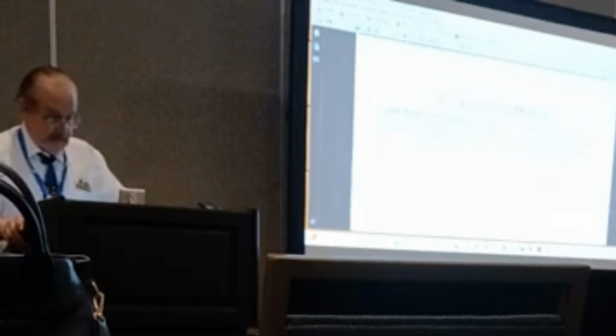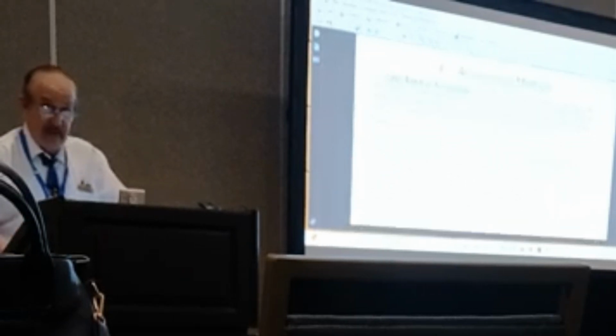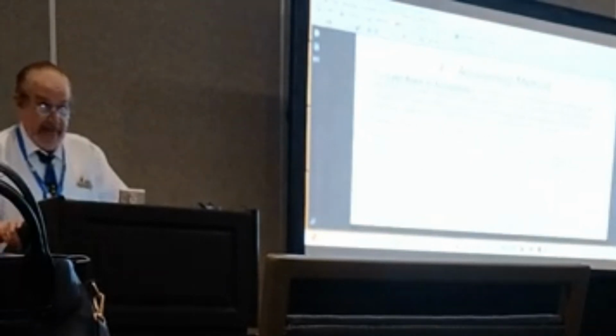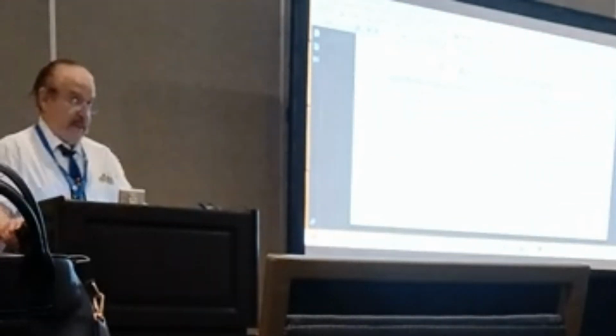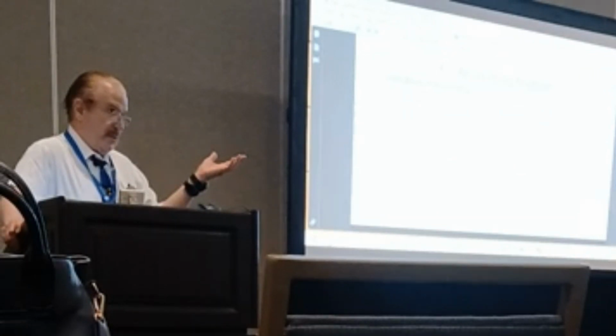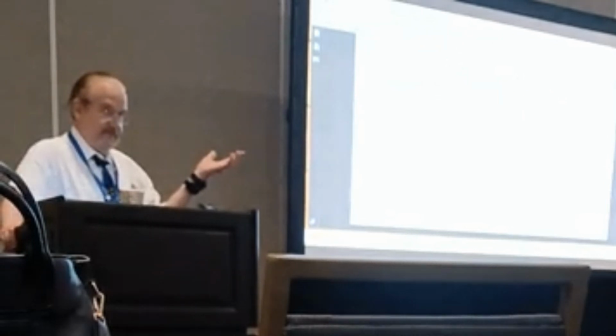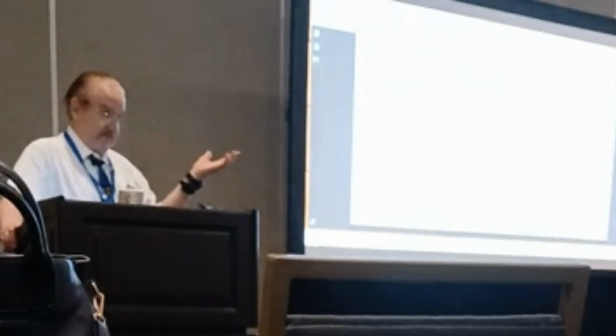Okay, basis of accounting. That means how are you keeping your books? There's two major methods. One is the cash basis accounting. And what that means is when you get money in your hand, that's income. You send an invoice, no income. Makes sense. Most small businesses are cash basis.